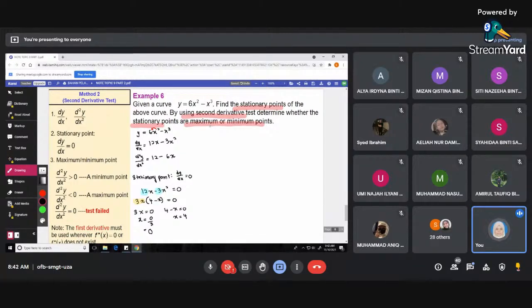Dan for stationary point, betul ke dah habis ni? Kita kena buat apa lagi? Cukup ke sampai x? Kita kena substitute. Kita ambil x equal to 0. So masuk dalam y: 6 darab kosong kuasa 2 tolak kosong kuasa 3. Apa nilai dia?